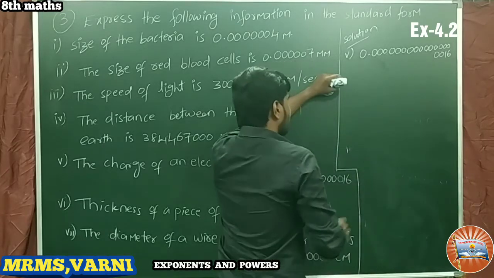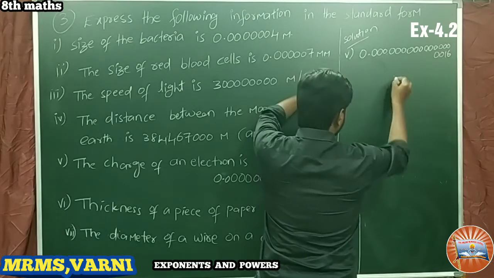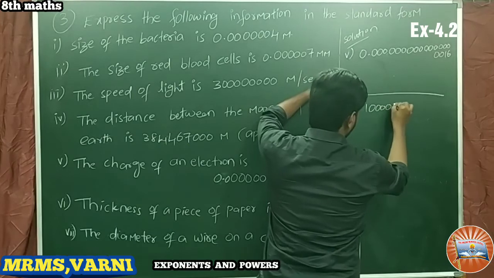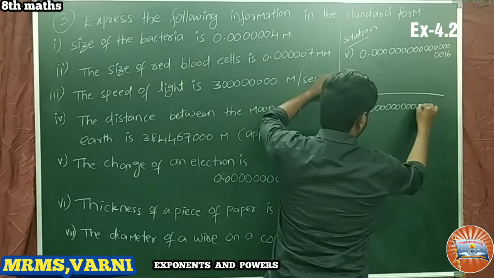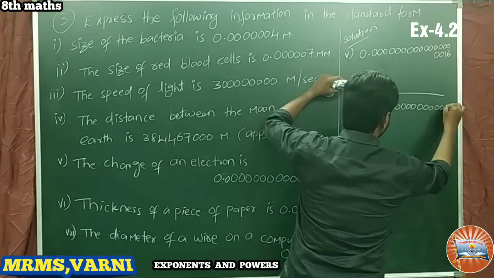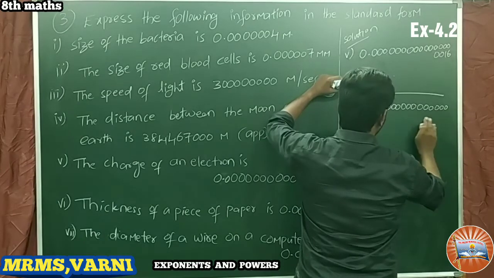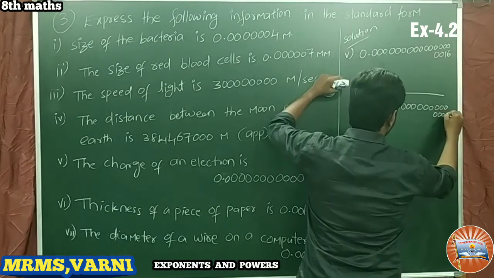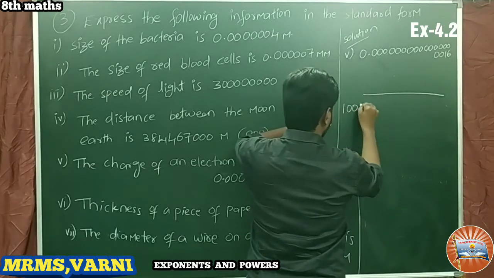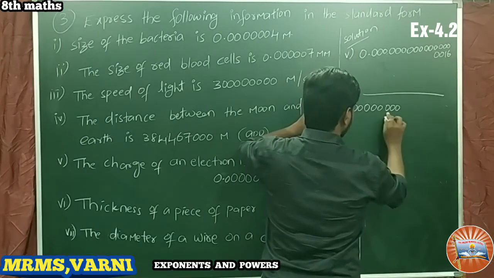Right, so after the decimal point we have 19 places, so in the denominator we write 1 followed by 19 zeros. So I am writing neatly. So 1 000 000, we have to write 19 zeros here.